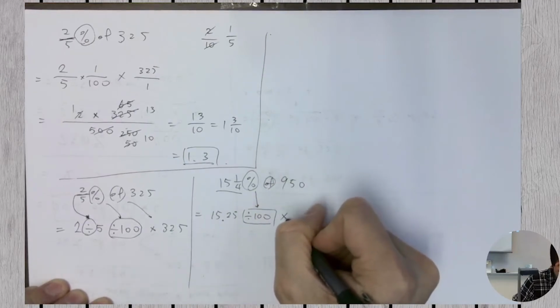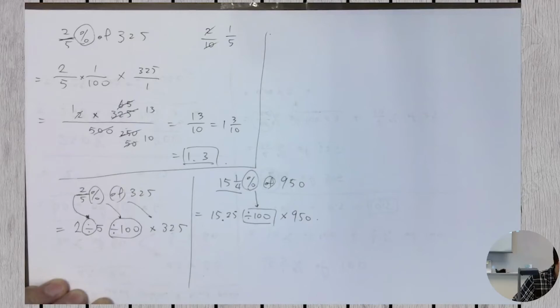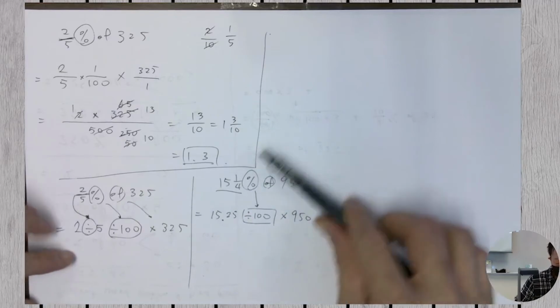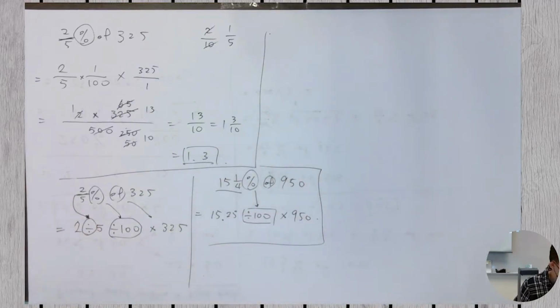Of means times 950. Make sure you translate this into something that the calculator could work with before you use the calculator. I know some calculators do fractions and percentages and some don't, so make sure you translate it into something that you can work with on the calculator.